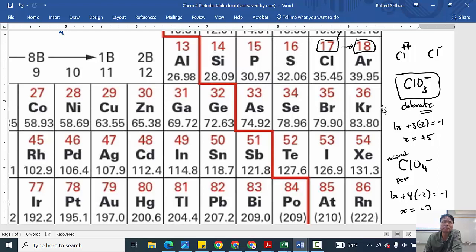You know hyper? Hyper means more, right? And so this is hyperchlorate. Or hyper sounds funny, so we just shorten it to per. And we have to do this for chlorate because chlorate hasn't been maxed out.